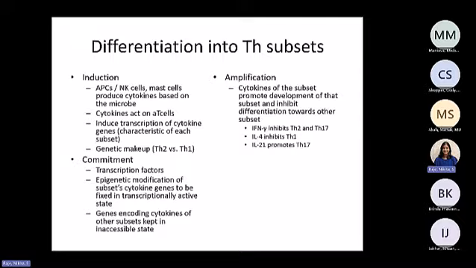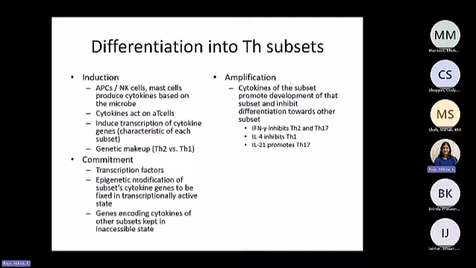For example, antigen presenting cells, NK cells, mast cells, all these innate cells produce cytokines based on the type of microbe that's present at that time. Those cytokines are going to act on the activated CD4 cells. Remember, we talked about the signaling. Cytokines act on the JAK-STAT pathway, and that causes signaling and transcription of certain genes.